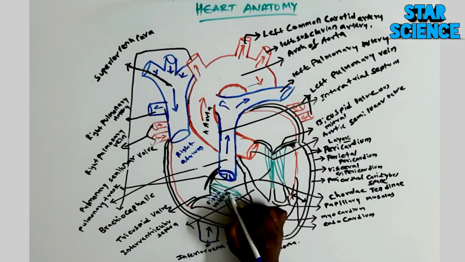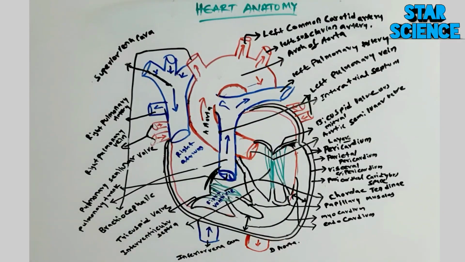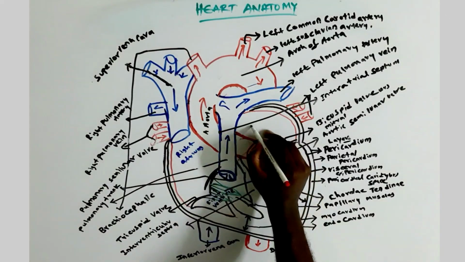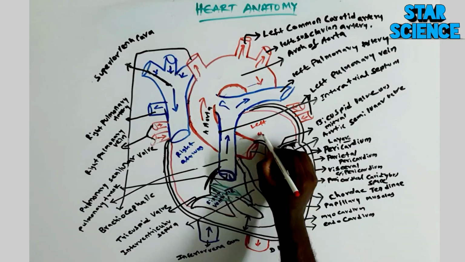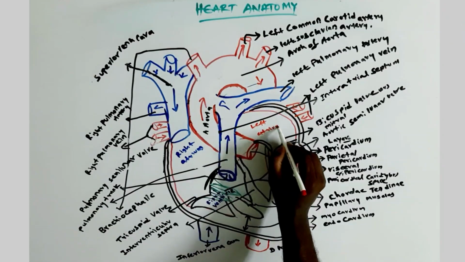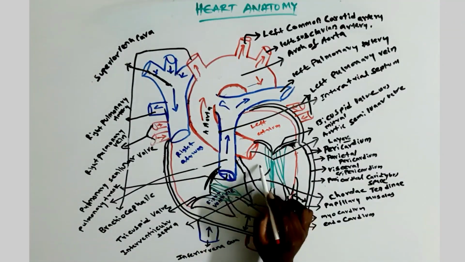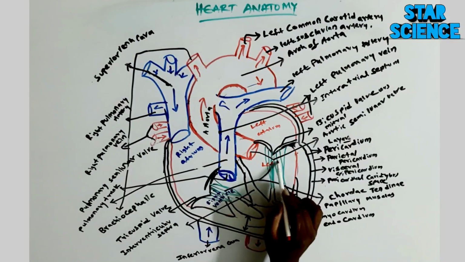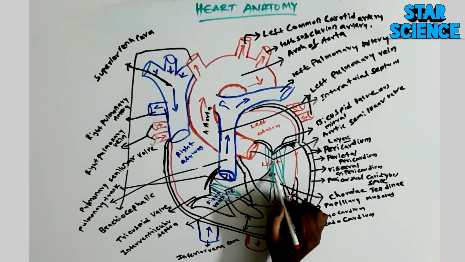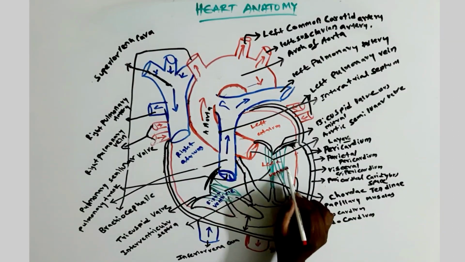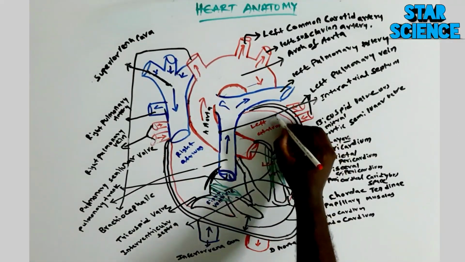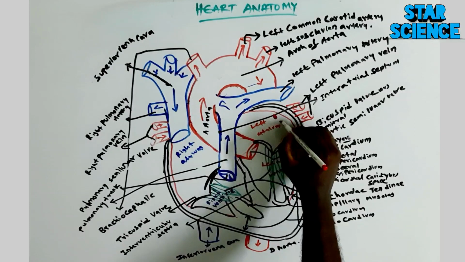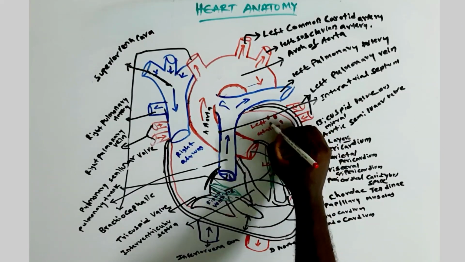Next we will see the left atrium. I am going over it with red color, which simply says that purified blood will be in these particular regions. And next, the left ventricle, which holds O2 blood. From here it enters into the aortic valve.